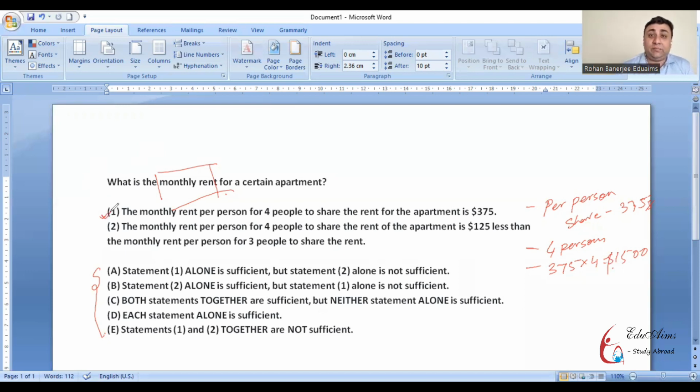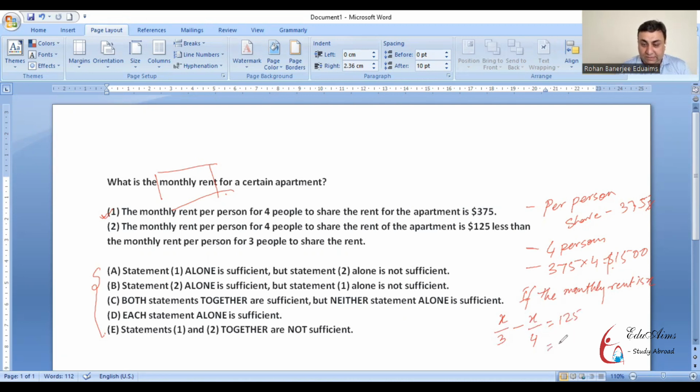Let's see if statement 2 alone is sufficient to take you to the answer. The monthly rent per person for 4 people to share the rent of the apartment is $125 less than the monthly rent per person for 3 people to share it. So that means if the monthly rent is x, then x by 3, that is 3 people sharing the apartment, is $125 more than if 4 people share the apartment, right?